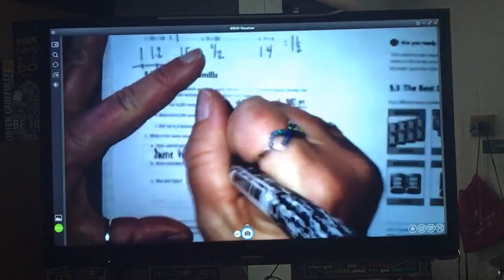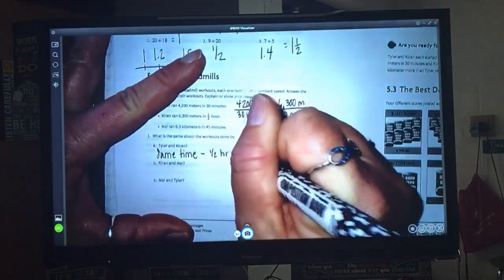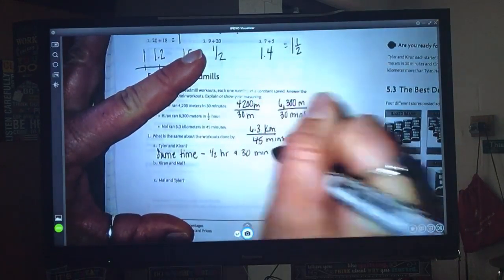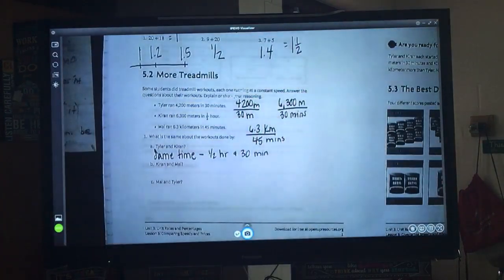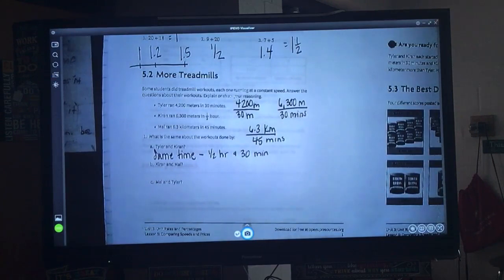So one ran half an hour and one ran 30 minutes. To me, that's not the same time. Why would the outsider looking in say that's not the same time? Ethan? Because one's in fraction form. No, not necessarily because one's in fraction form. Look at the units. Hours and minutes. Right, hours and minutes. But essentially, we should all know that half of an hour is 30 minutes.